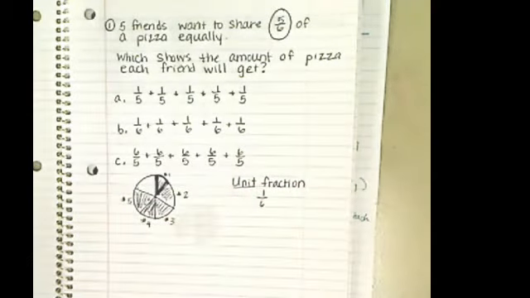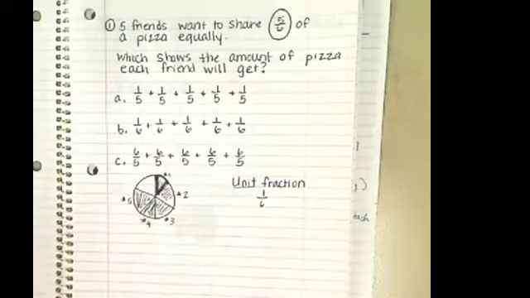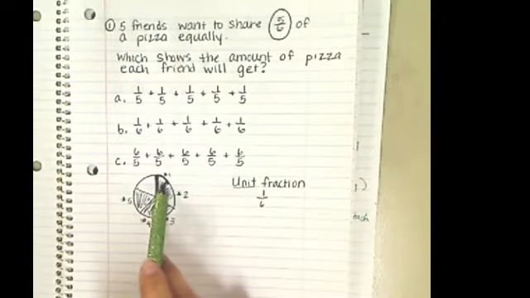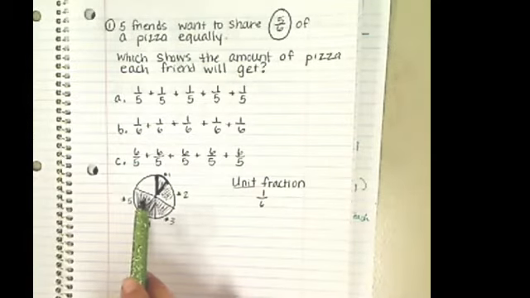Okay? They don't get to share all of them. They only get to share 5 of those pieces, but there are 6 slices in this pizza. Okay? So if the unit is 1/6, that means this piece is 1/6, this piece is 1/6, this piece is 1/6, this piece is 1/6, and this piece is 1/6.